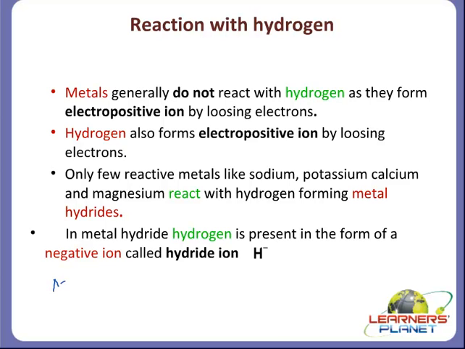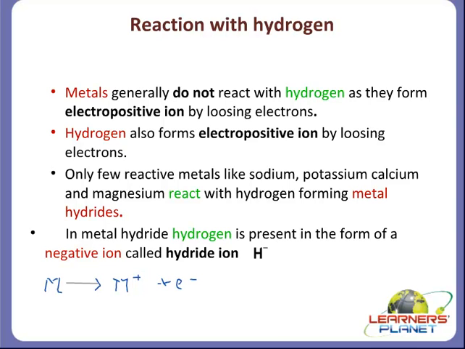What a metal does is, a metal loses an electron, and it forms a cation, right? So this is metal M, it is losing an electron and forming M plus ion plus an electron.